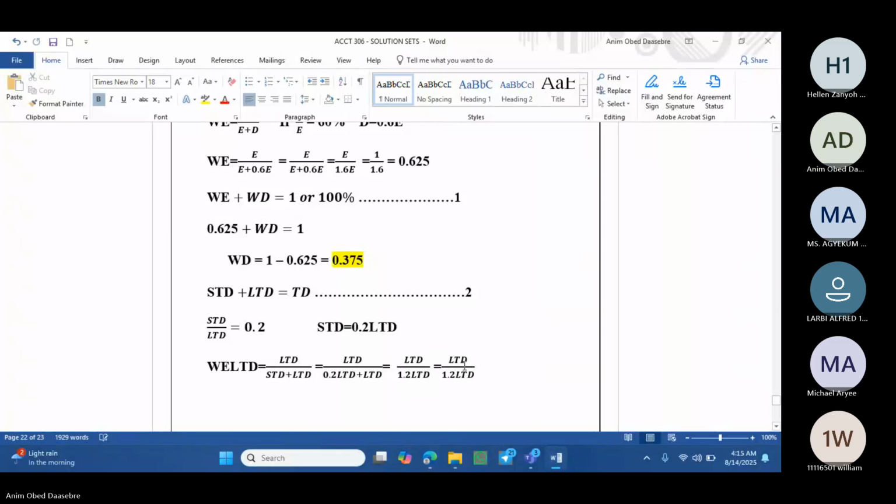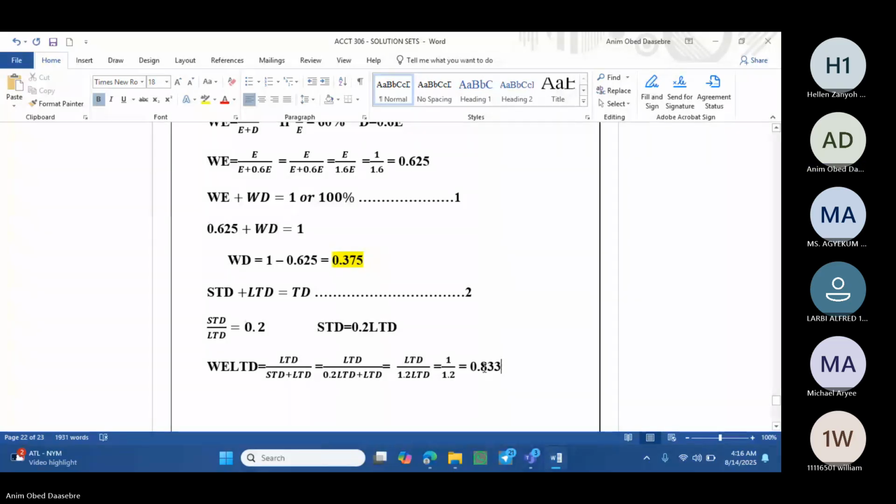1 over 1.2. So in decimal, what will be the value for the weight of long-term debt? 1 over 1.2 gives us 0.833.